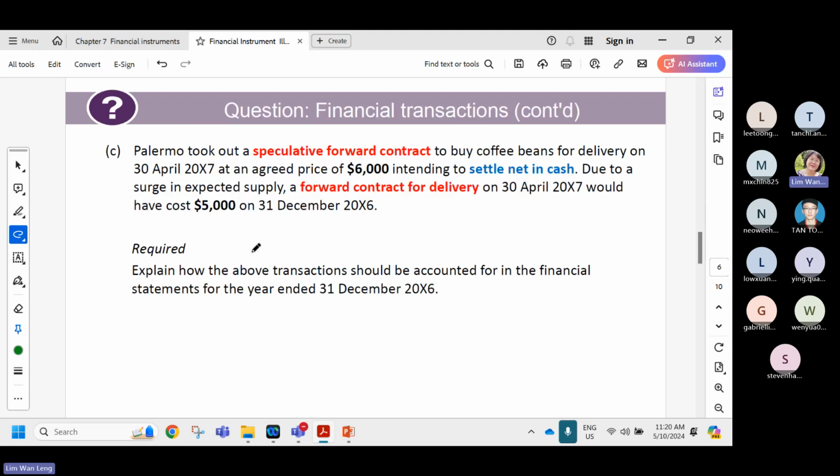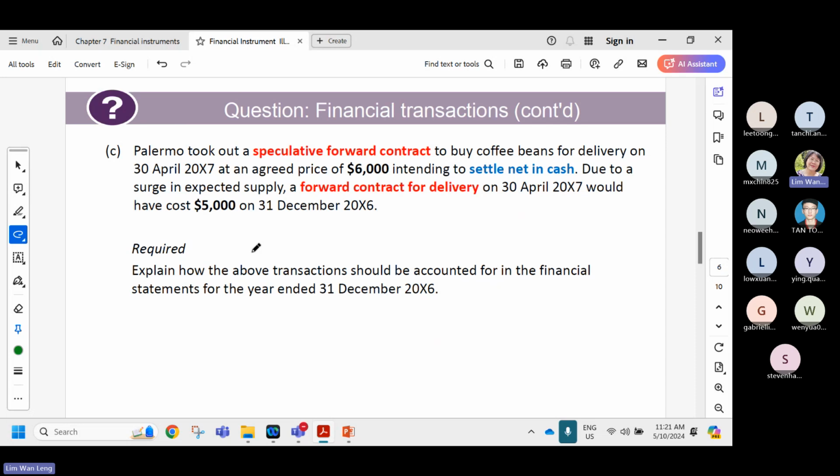So you look at the next one. Palemo took out a speculative forward contract to buy coffee beans for delivery on 30th April X7 at an agreed price of 6,000, intending to settle net in cash.